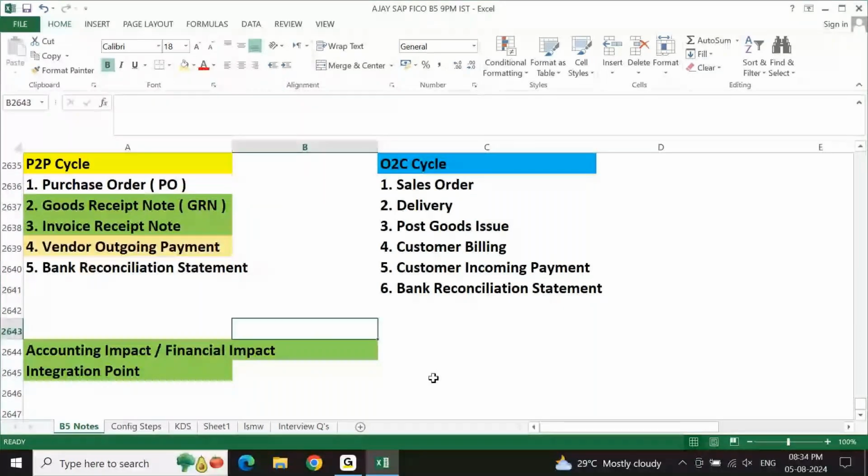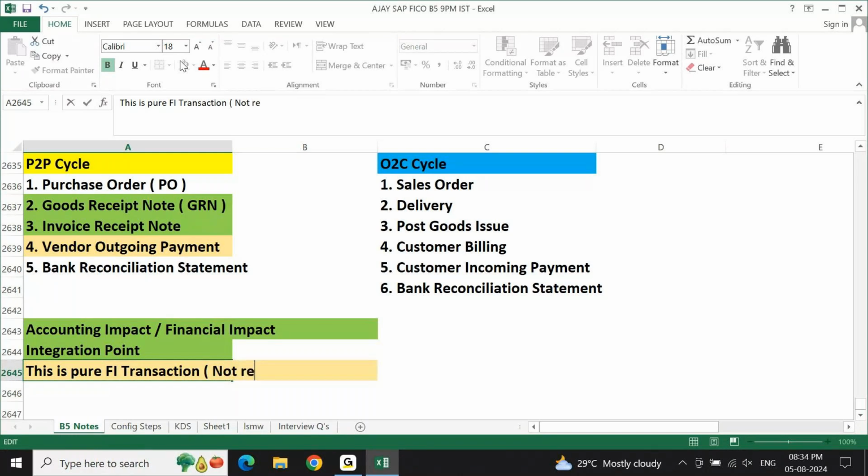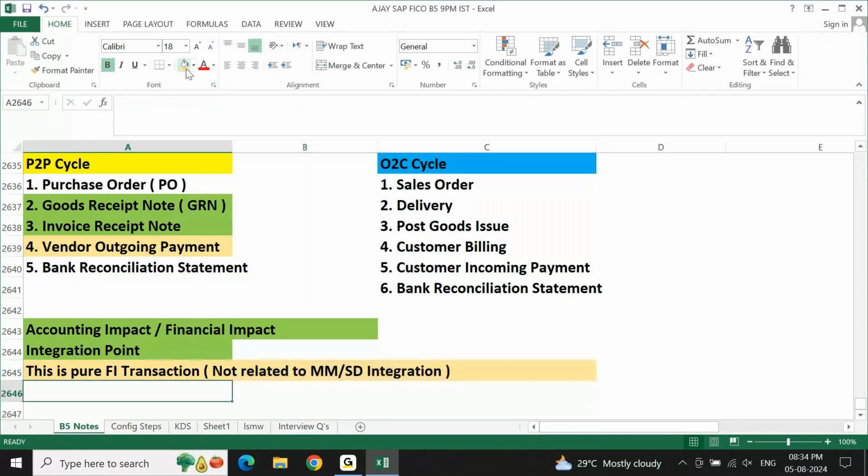Wherever I am highlighting this color, it is representing this is a pure FI transaction not related to MM or SD integration.